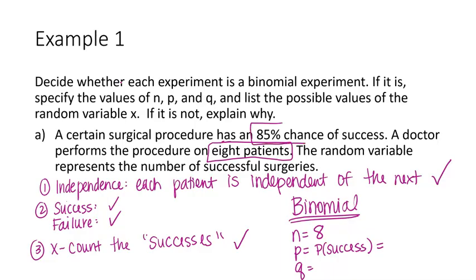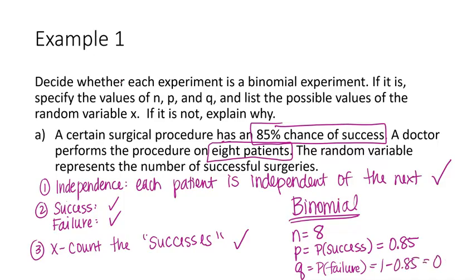Well, 85% chance of success is 0.85 as a decimal. And last but not least, Q is just that complement, the probability of a failure. So 1 minus my success, probability of failure.